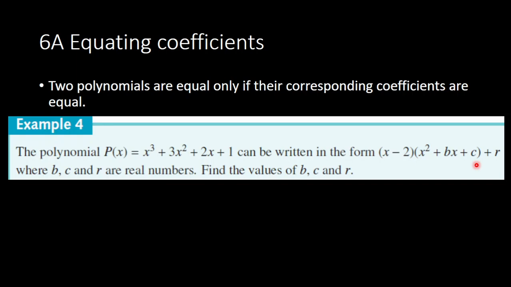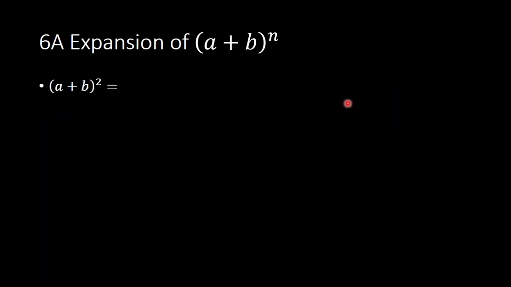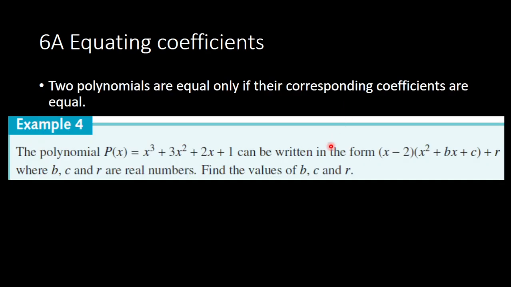What you're going to do is evaluate that, regroup the like terms, and as it says, two polynomials have to be equal only if all the corresponding coefficients are the same.